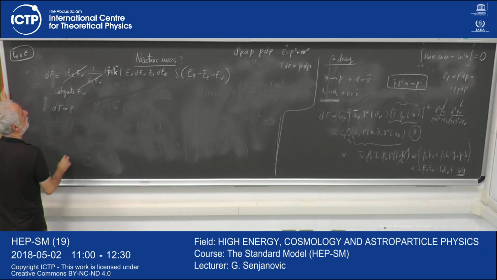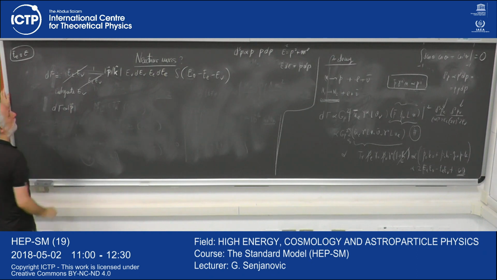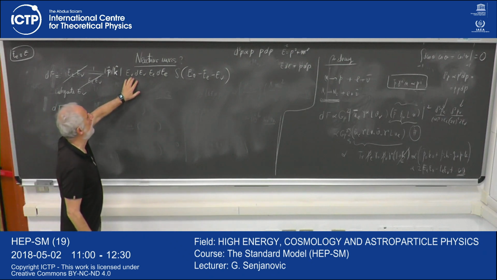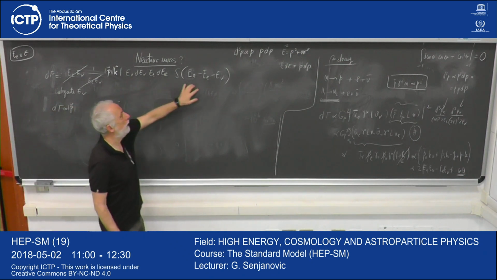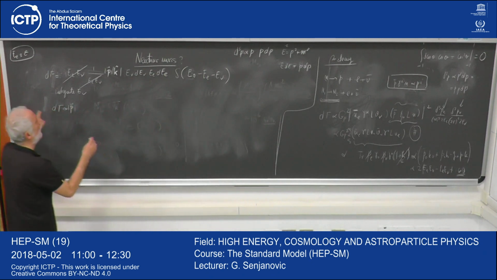P of the electron. E nu will become what? E0 minus E. Okay, please, now we cannot get it wrong.